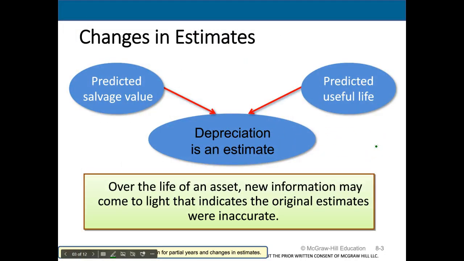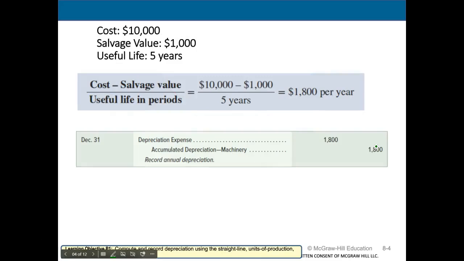So, like I said, changes in estimate can be changes in the salvage value or in the useful life. Let's take an example. Let's say we buy machinery and the cost is $10,000, salvage value is $1,000, and useful life is 5 years.